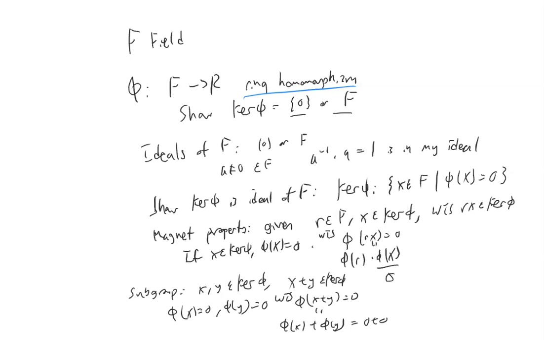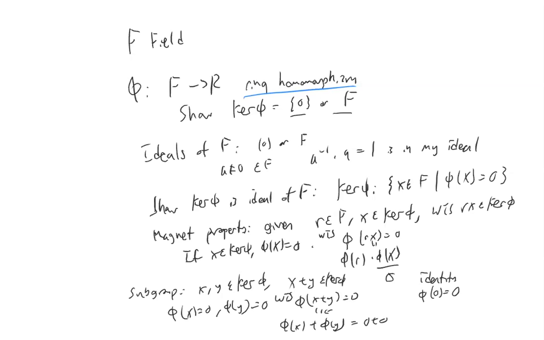This is because phi is a ring homomorphism. It also has the identity, because in a ring homomorphism phi of 0 is 0, so 0 is certainly in kernel of phi. We have the additive identity.